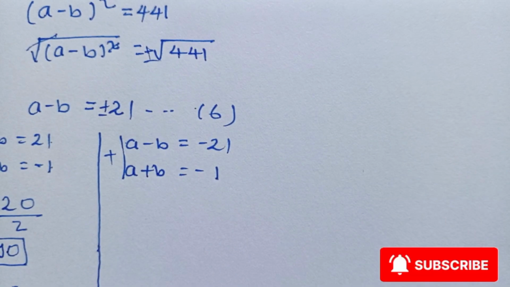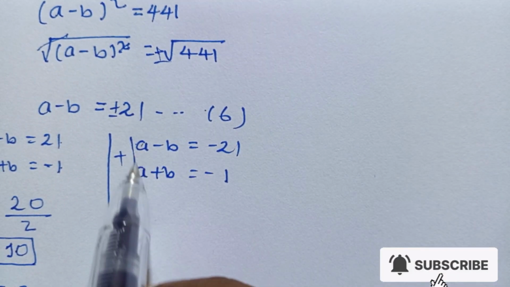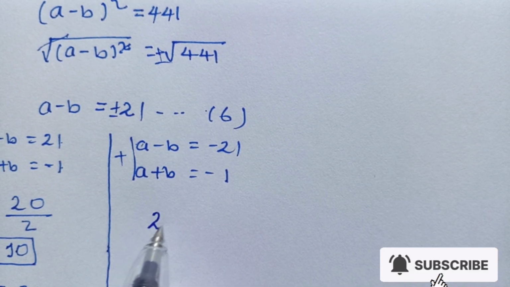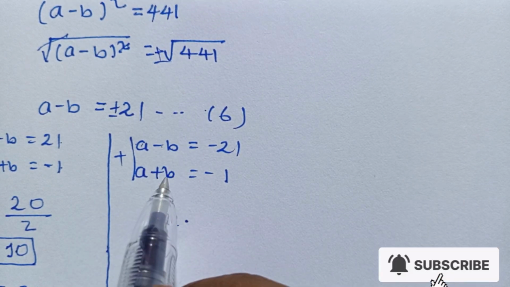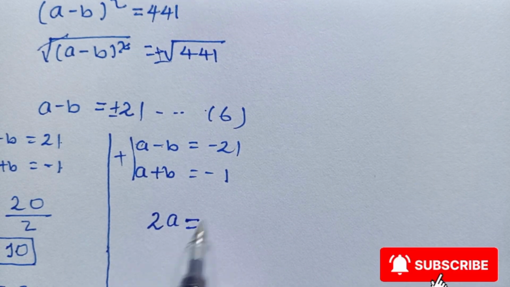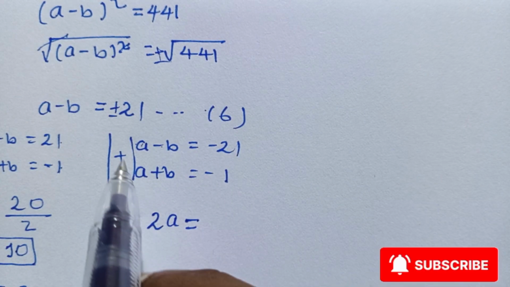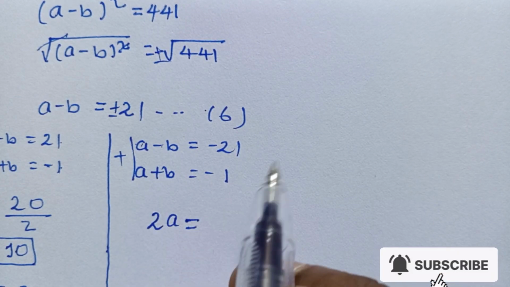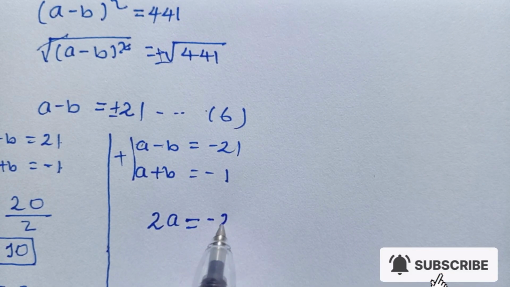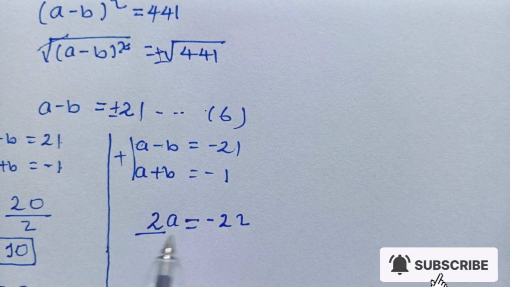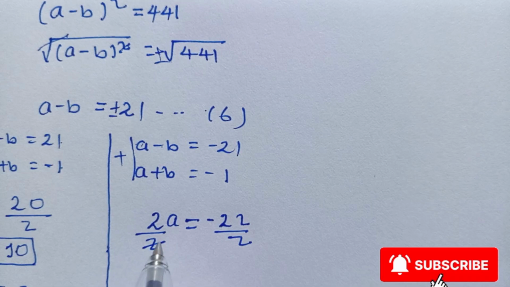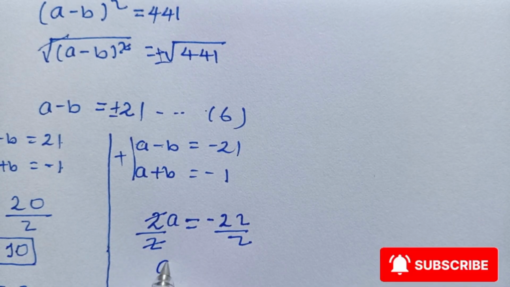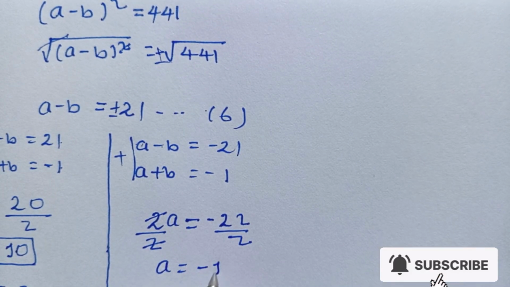And the second solution: adding, we get 2a plus minus b plus b 0 equal to minus 21 plus minus 1, equal to minus 22 over 2. The 2 cancels 2, a gives minus 11.